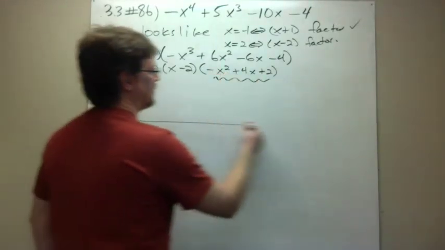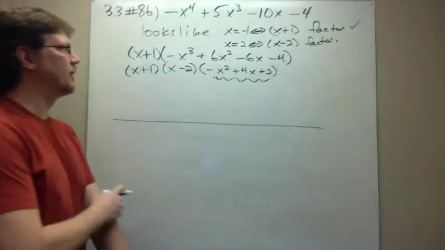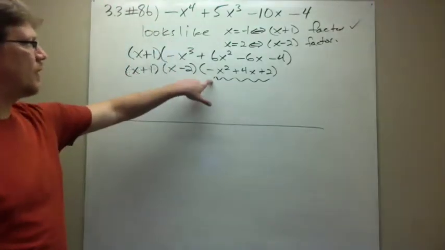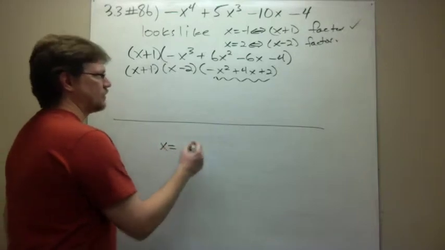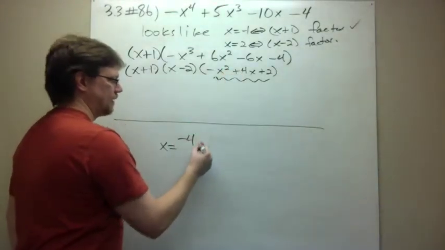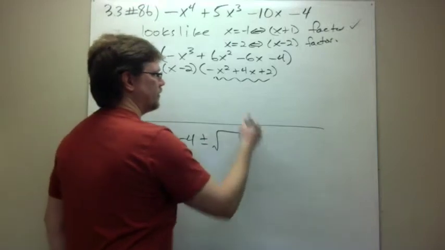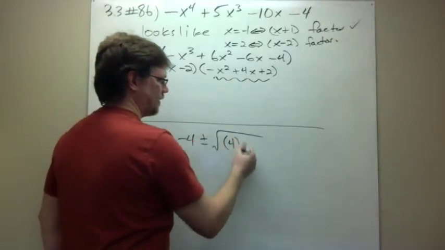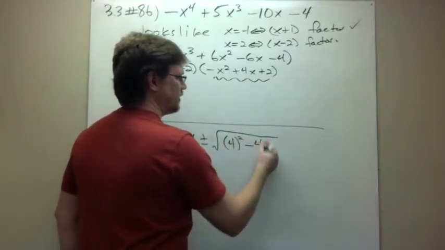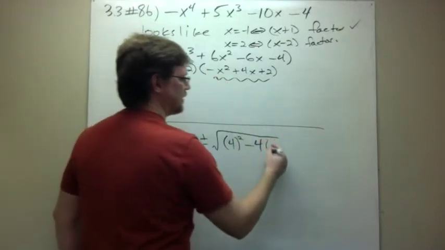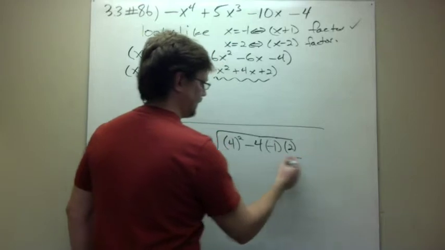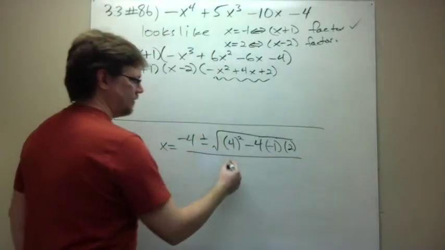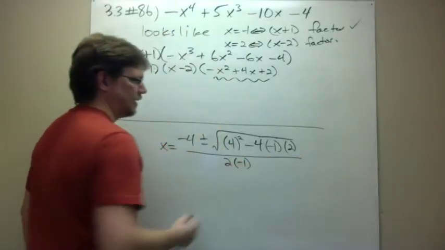Right? Let's give me some room here. So this quadratic should be x is equal to minus b plus or minus the square root of b squared minus 4 times our a, which is negative 1, times our c, which is 2, all over 2 times a, which is 2 times negative 1.